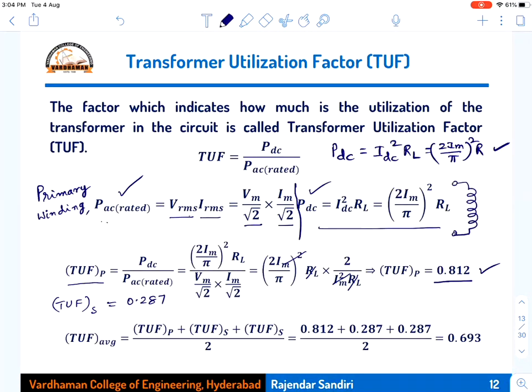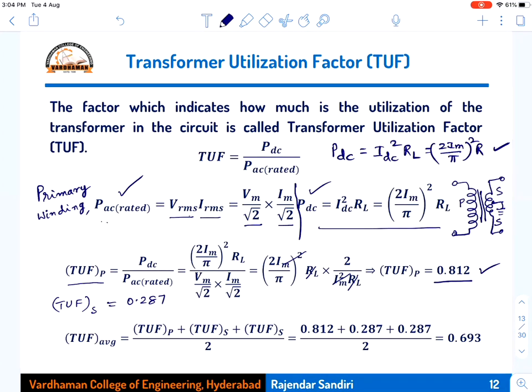The secondary winding is divided into two parts, as the center of the transformer is connected to ground. This is secondary, and this is also secondary. So two secondaries are there because of the center tap, and the primary winding is one.